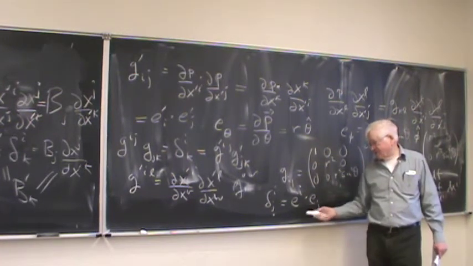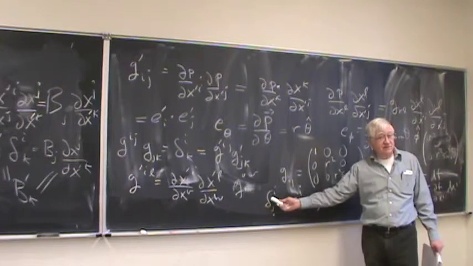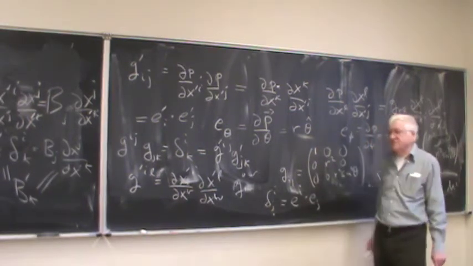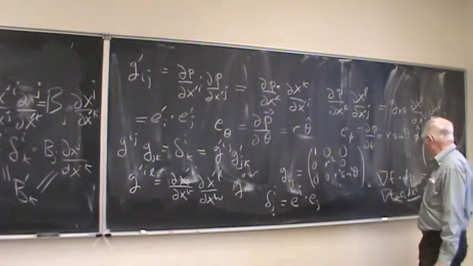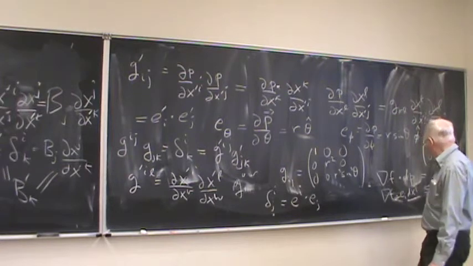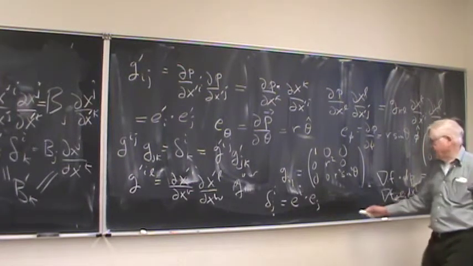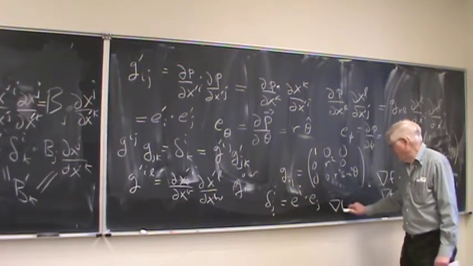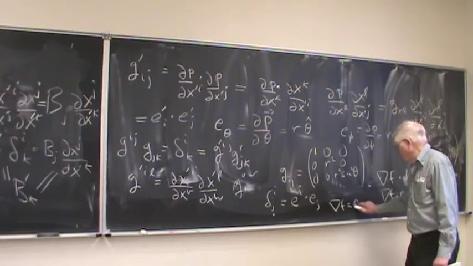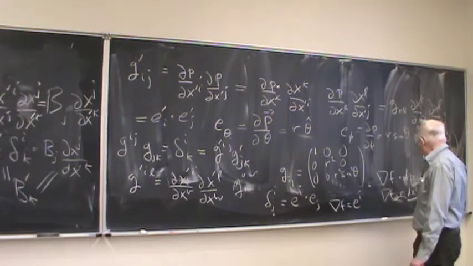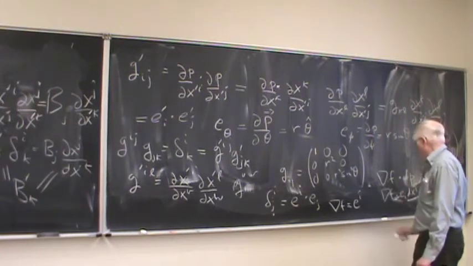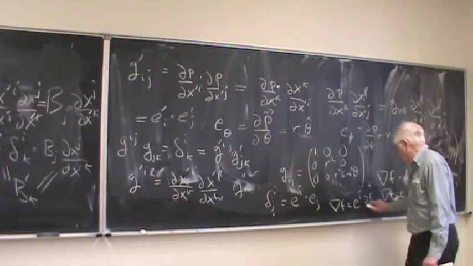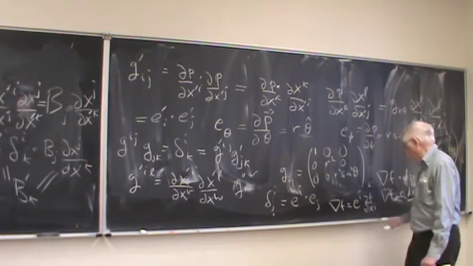And notice that the thing is 1 here if i and j are equal. And so what we say here then is that grad f must be e upper i times partial f partial x i.